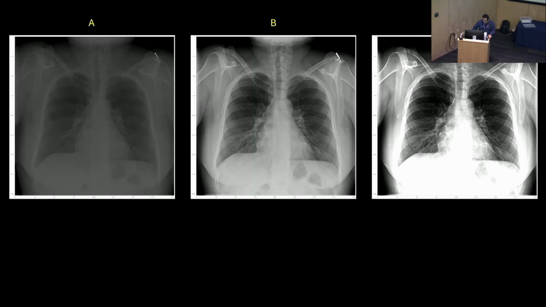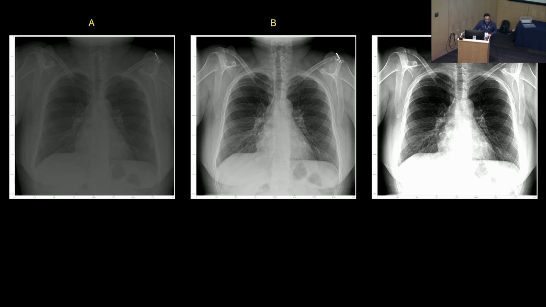Okay, just a quick show of hands. Who thinks A is the best image for diagnosis or for the AI model? Who thinks B is the best? Okay. Who thinks C? It's a couple. Okay, that's good.